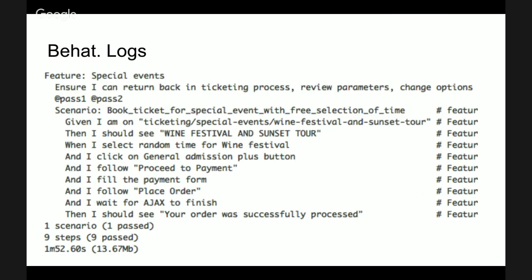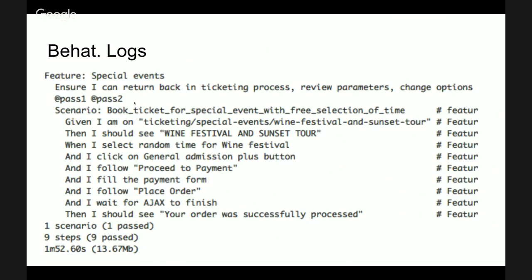So what do Behat logs look like? This is one of the runs of actual tests that we were running. You can see that this is an actual test scenario. This is the name of the scenario, and I will talk about using underscores instead of spaces in a minute. Also, we have used tags. You can see that this scenario has pass1 and pass2.